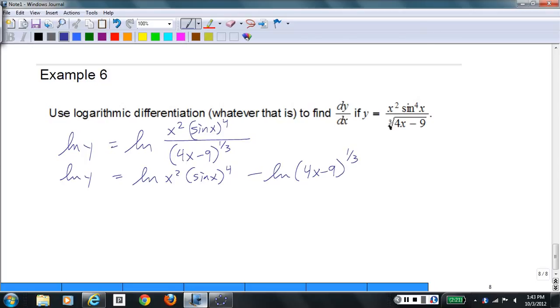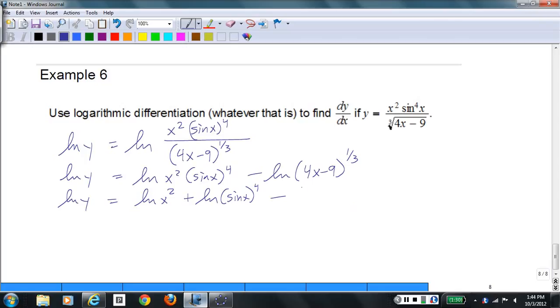And then the log of this product, x squared times sine of x to the fourth, is equal to the sum of the logs. So natural log of y equals natural log of x squared plus natural log of sine of x to the fourth minus, and this logarithm really is not too much more we can do except take that 1/3 out in front.